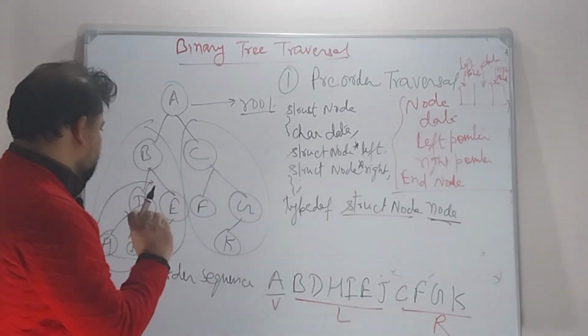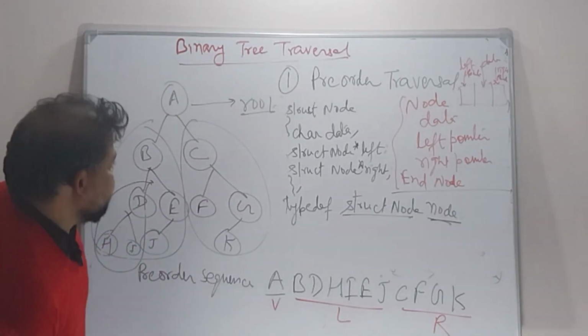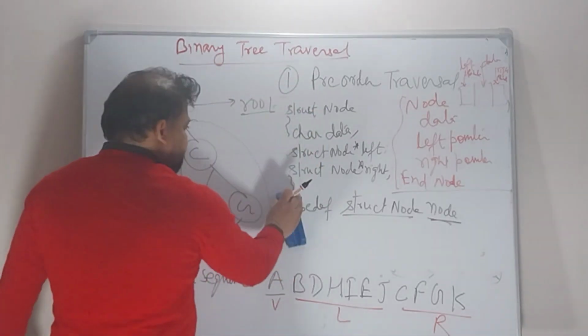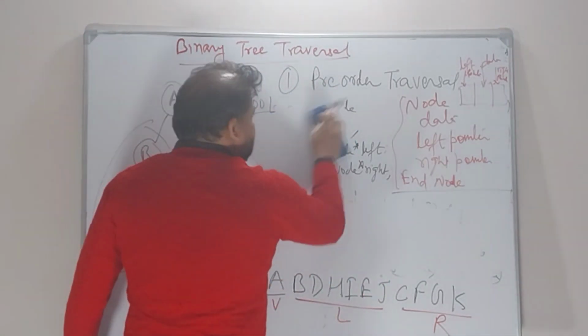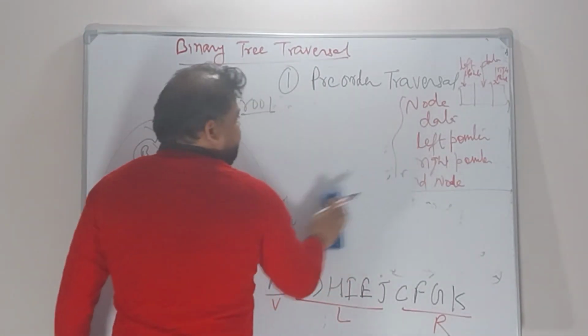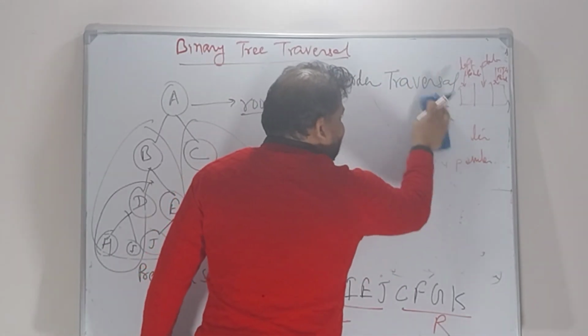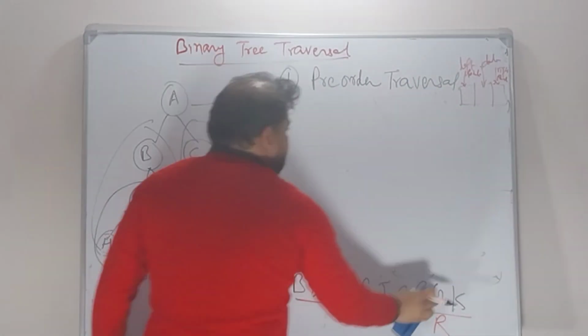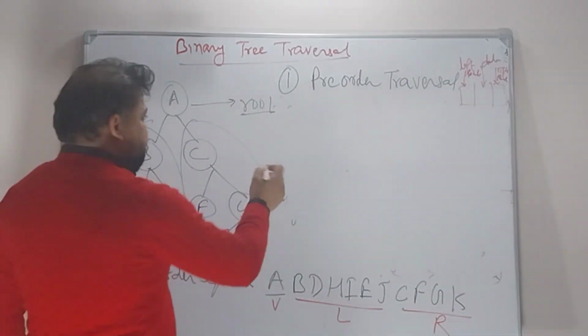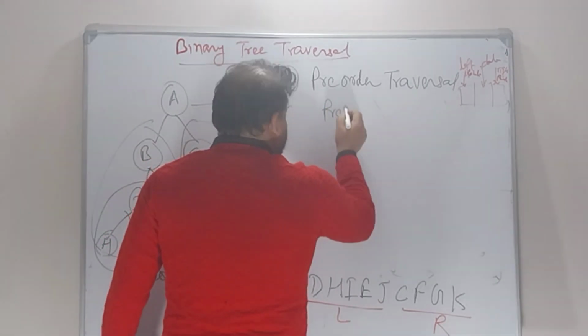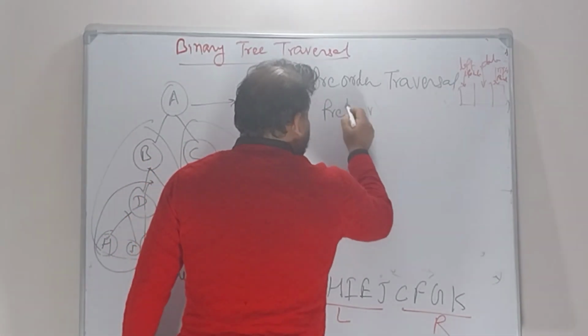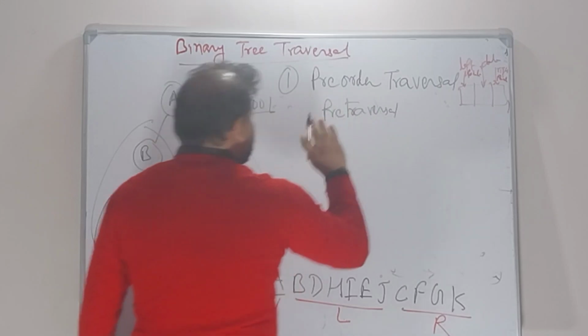I'm writing the pseudo code for the same thing. This representation is over there, so I'm removing this one and trying to write a pre-order traversal of a tree. I'm writing a pre traversal function for the pre-order traversal.